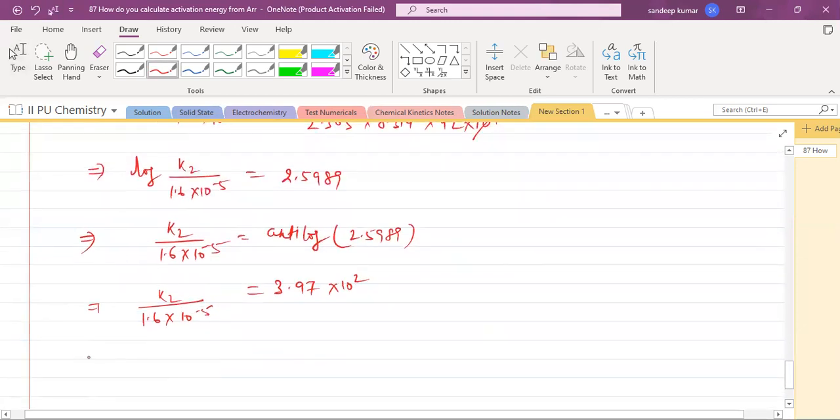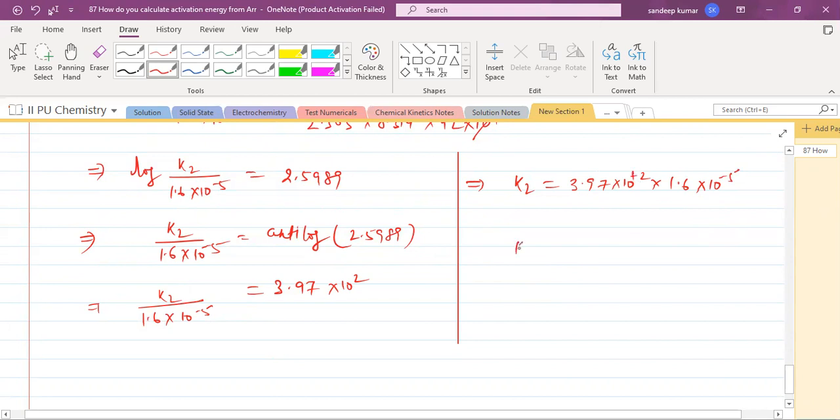Now K2 we can write. If you solve this further, K2 is equal to 3.97 into 10 to the power 2 into 1.6 into 10 to the power minus 5. Okay, if you solve completely, this is a plus 2, sorry.